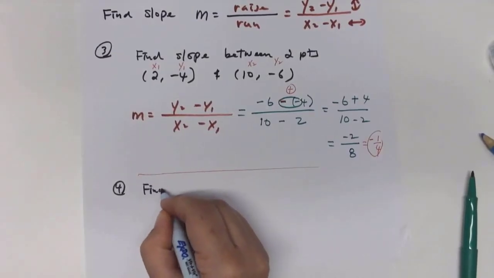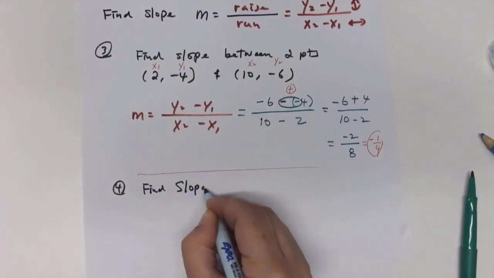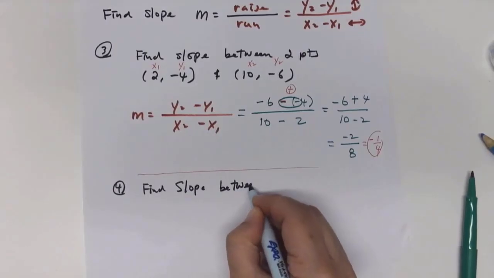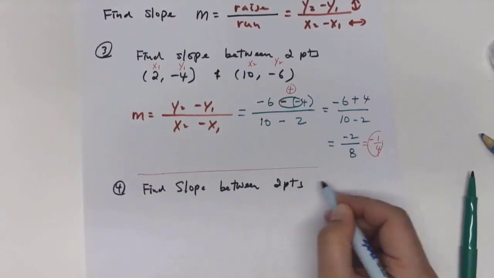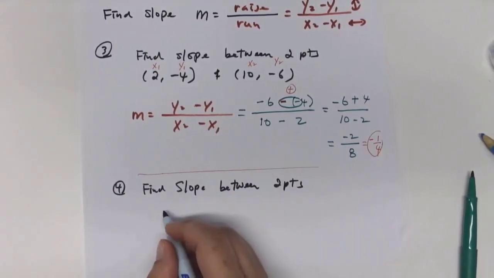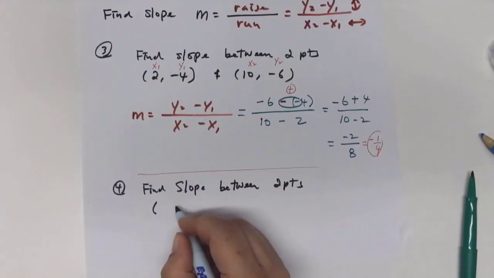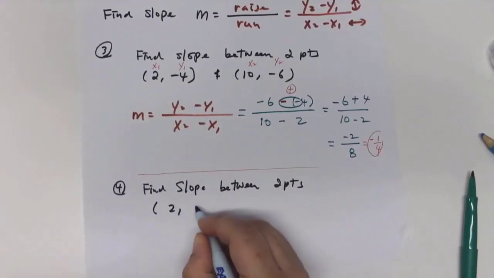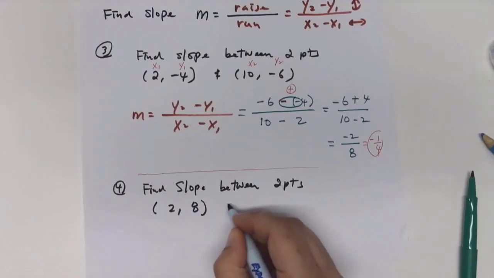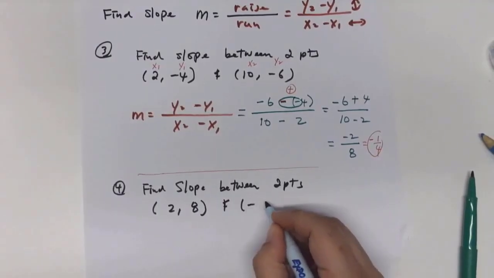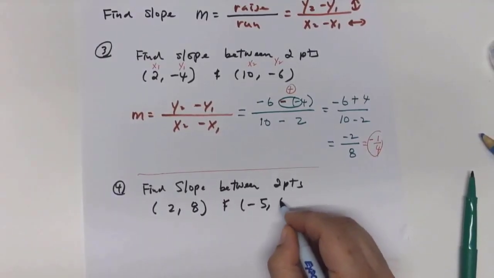Find the slope between 2 points, and the 2 points are (2, 8) and (negative 5, 8).